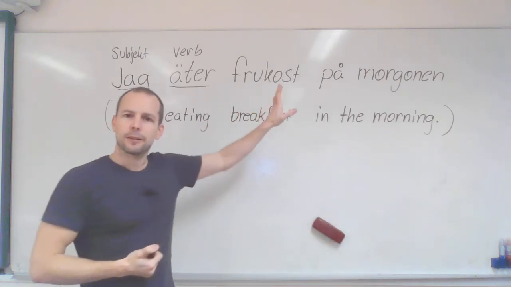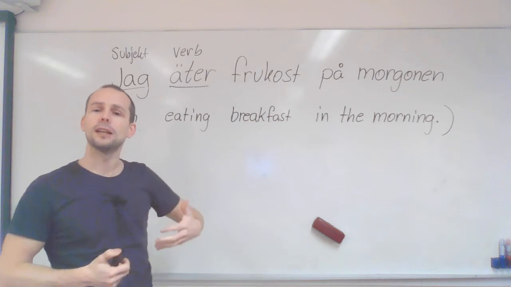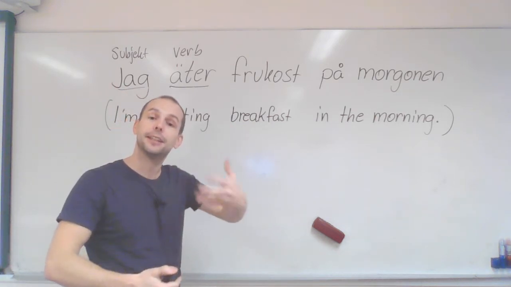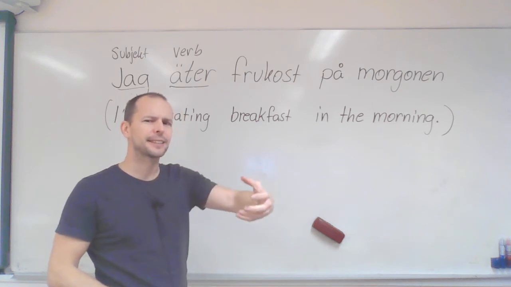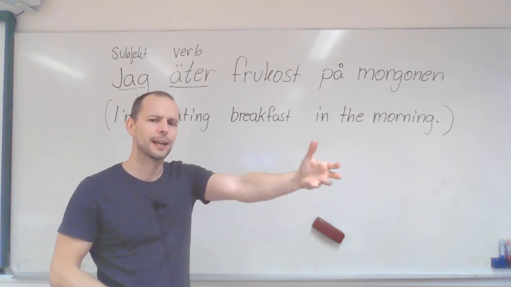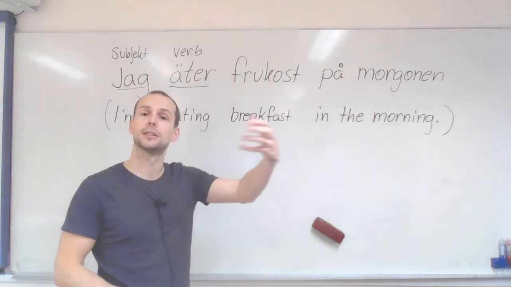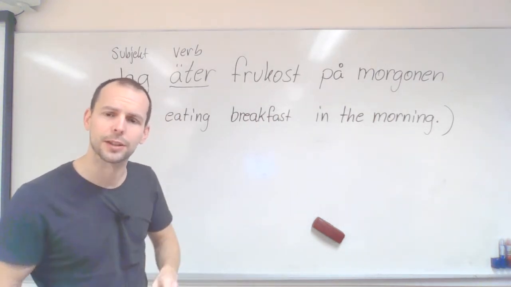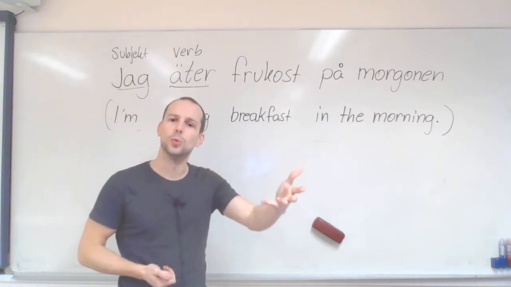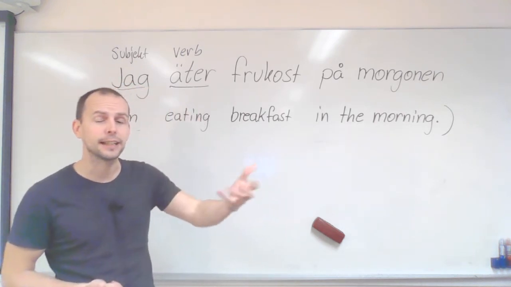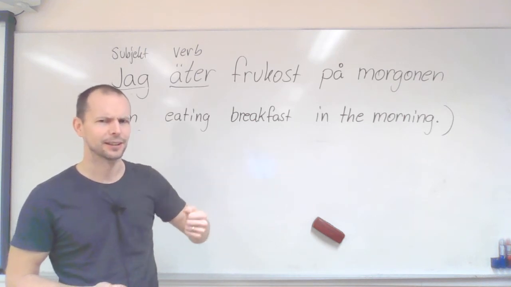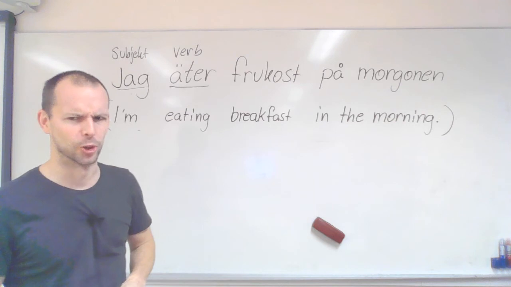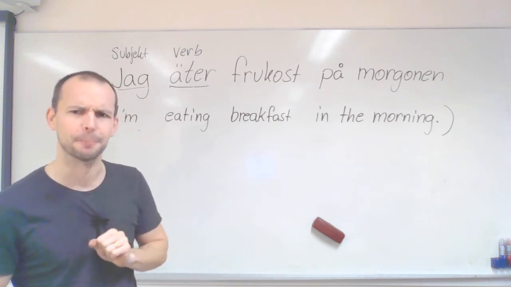But frukost, what is this? Well, we're doing the verb, the activity, against something else. Against what or against who? So basically, we can ask a question. What or who? What am I eating or who am I eating? Well, right now, who doesn't really work. You shouldn't eat people.